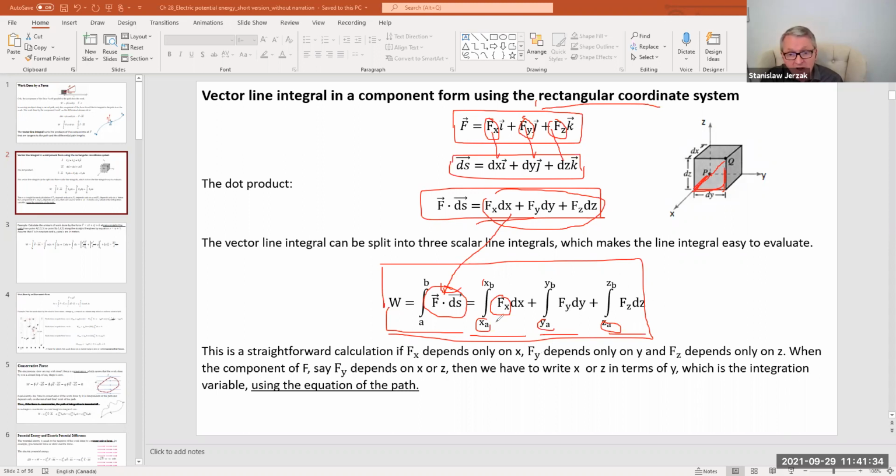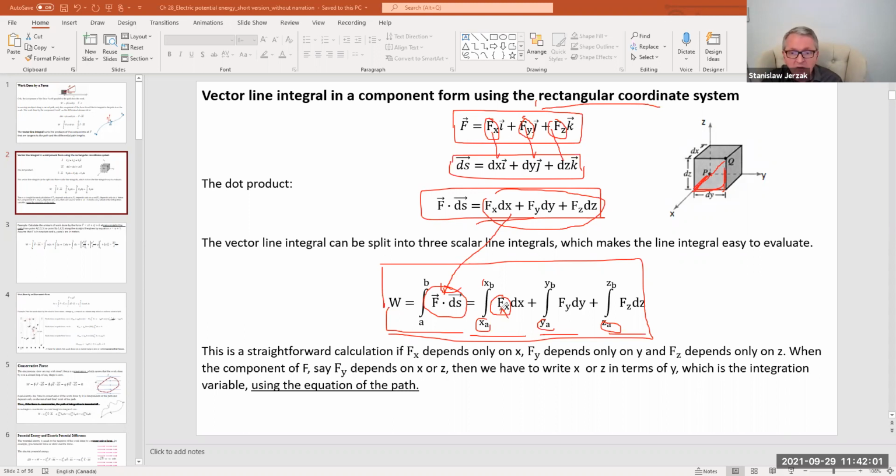But the complication occurs if Fx, let's say, that x component of the force, depends also on y and z, which can happen. Then in these cases, we have to know the equation for that path of the displacement. Whether the displacement is along a straight line or parabolic line or whatever line, we have to have that equation.